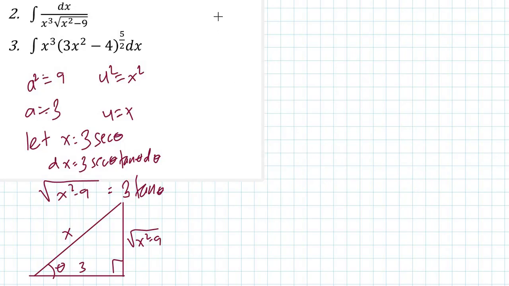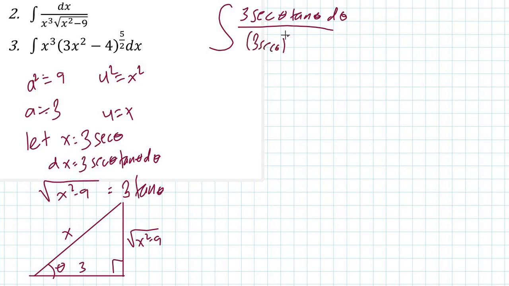So based on number 2, dx is 3 secant theta tangent theta d theta. x cubed is 3 secant theta, so it becomes 3 secant theta cubed. And lastly, the square root of x squared minus 9 would be 3 tangent theta. There you go.